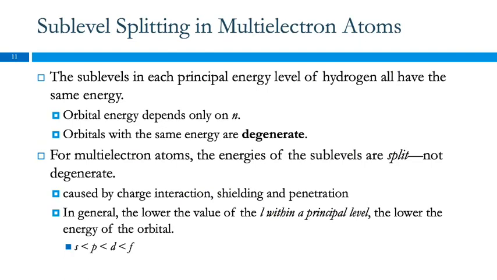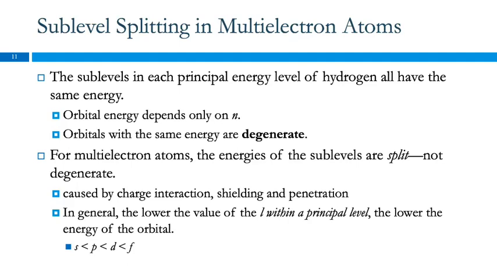So the sublevels in each principal energy level of hydrogen all have the same energy. I don't know about you, but I find level, sublevel, orbital, those different terms get a bit confusing, right? And so the hotel helps me. There's floors and rooms and beds.